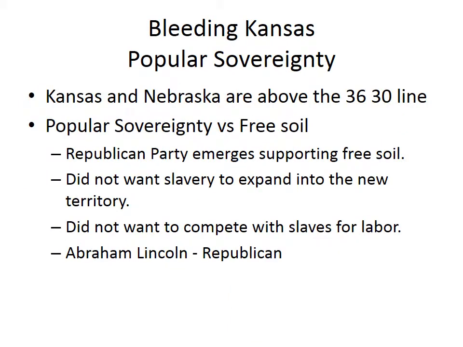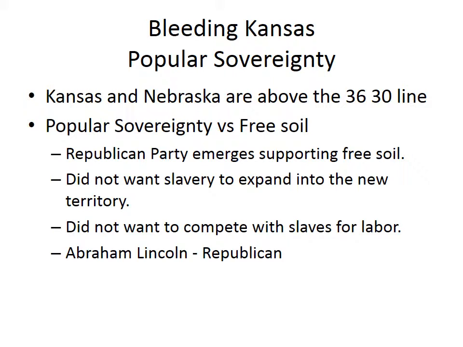However, popular sovereignty did not work real well. We're going to see something called Bleeding Kansas, over the admission of Kansas and Nebraska. This is going to be the first time that popular sovereignty would be tested, and this is also going to overthrow the Missouri Compromise.